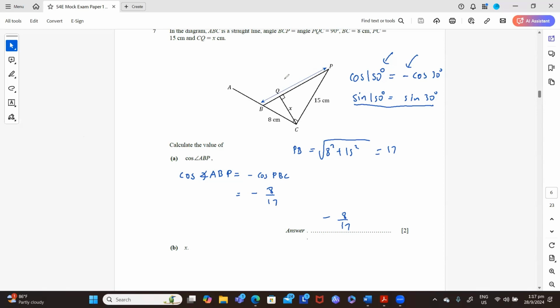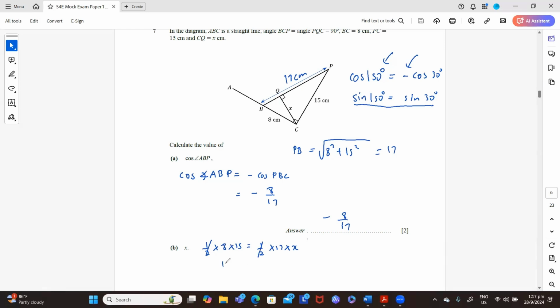Now that PB, we know it's 17 cm. So let's find X. We can use the area of the triangle to figure this one out. The area of a triangle is half times base times perpendicular height. So 8 times 15 will equal half times another pair of base and height, which is 17 times X. From here you can cancel the half.